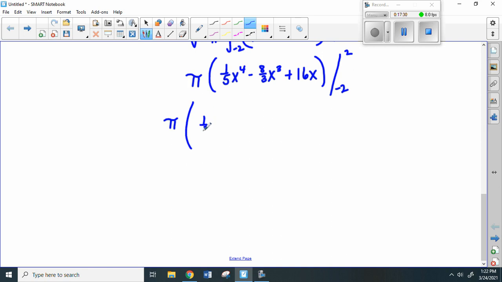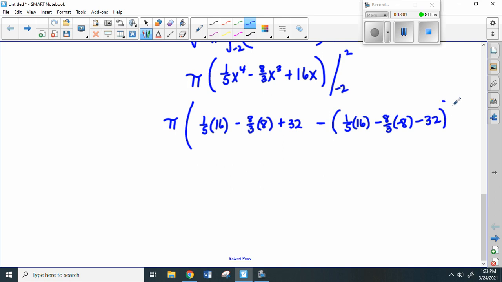We have 1/5 times 2 to the 4th minus 8/3 times 2 cubed plus 16 times 2 minus, and then I'd have to do the same thing with -2. Well, -2 to the 4th is +16. Now, -2 cubed is -8. So that's going to change signs, and then that's going to be a -32.